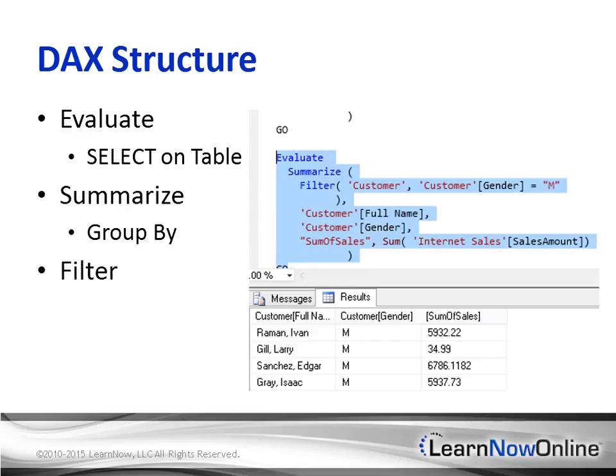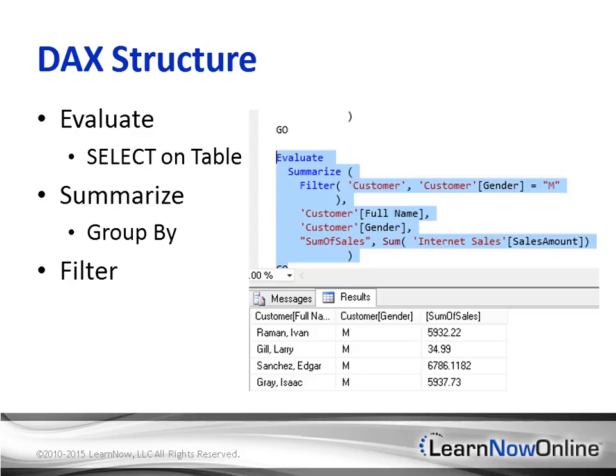The filter statement lets you apply context filtering on the expression, and you can follow this expression by one or more filters. In this example, we're going to evaluate and summarize. We're going to use the filter statement first because the first part of the summarize is a table, so we're filtering the customer table where the gender equals M for male.